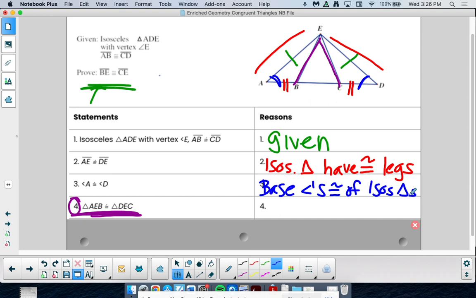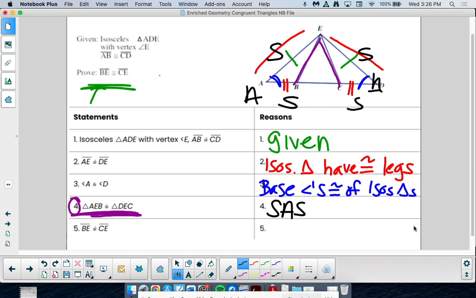So now what shortcut proves triangle AEB is congruent to triangle DEC? Well, that's a side marking, that's an angle marking, and that's a side marking. Side, angle, side. That's by side, angle, side. So now we can finally say that BE is congruent to CE. Now just look, you guys. BE, last and middle.